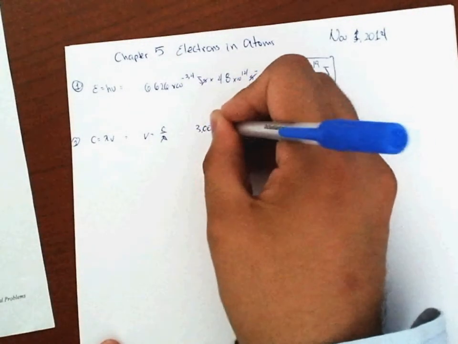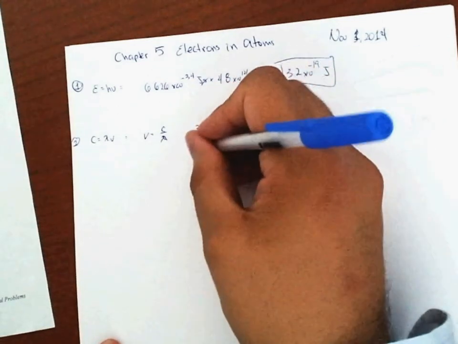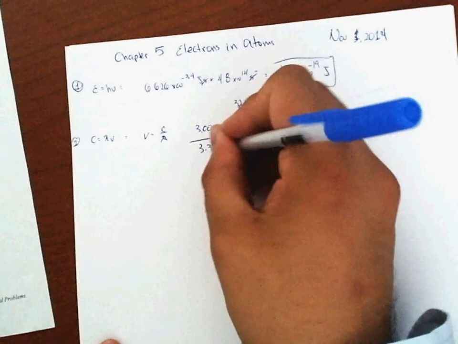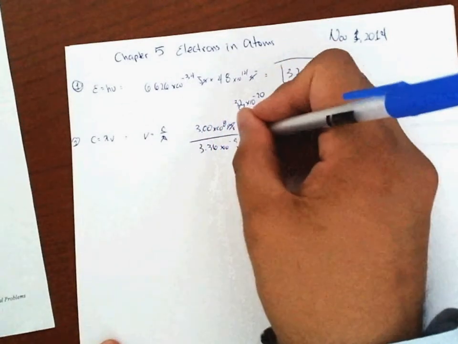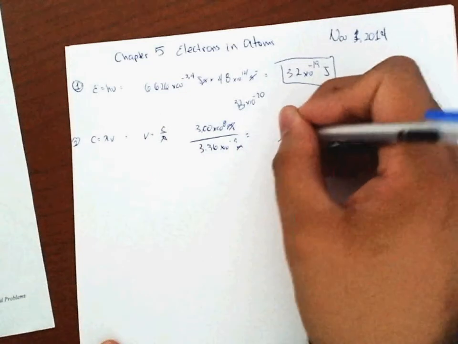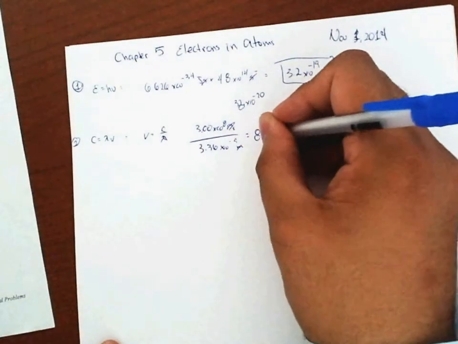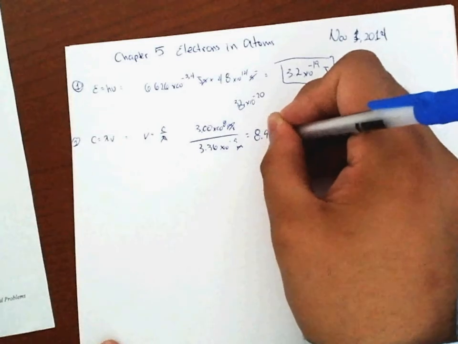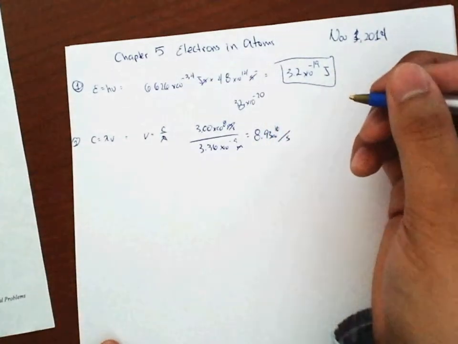I'm going to have 3.00 times 10 to the 8 meters per second divided by 3.36 times 10 to the negative 9 meters. Meters cancel out. I'm left with per second. That's hertz. And you plug this into a calculator, you get 8.93 times 10 to the 16 per second.